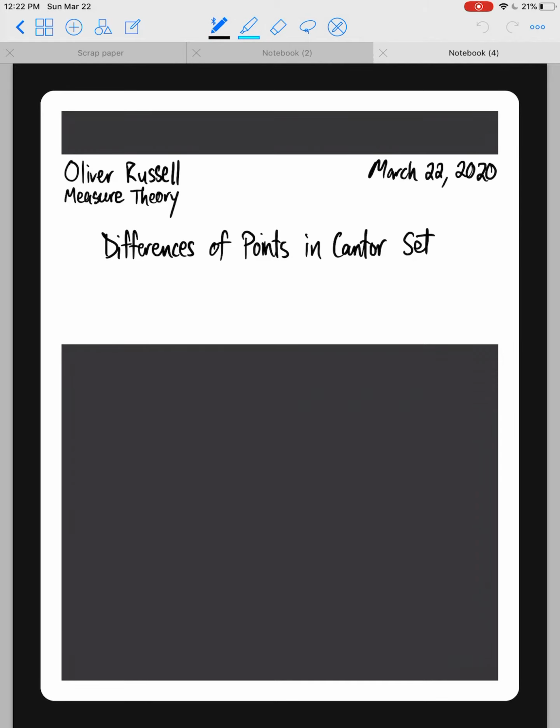Hi everyone. In this video I will be proving a result that deals with the differences of points in the Cantor set, which is quite interesting. As we've seen several times, the Cantor set is quite unusual in the sense that we expect it to be quite sparse over 0, 1, since the construction and the fact that it has measure 0 lead us to believe so.